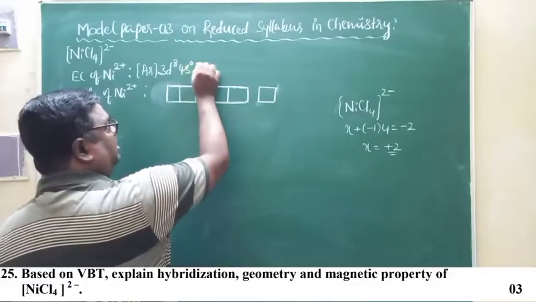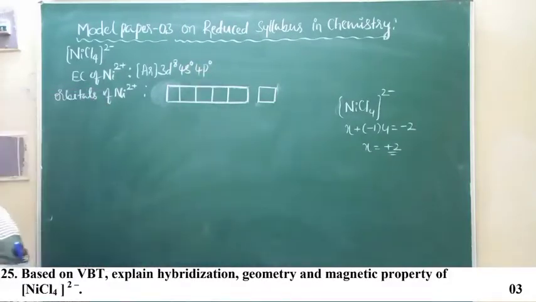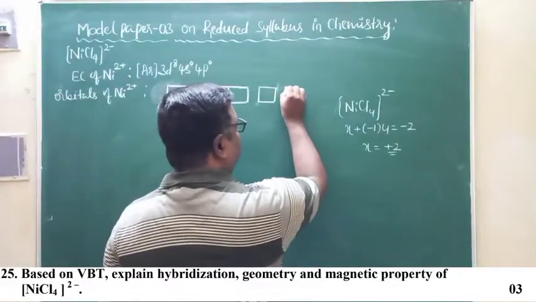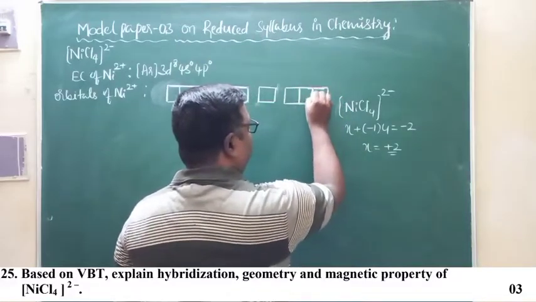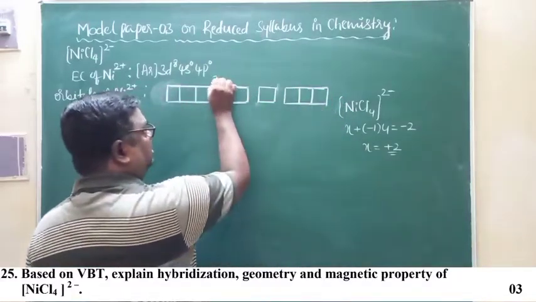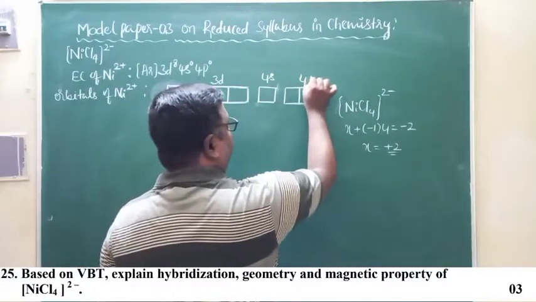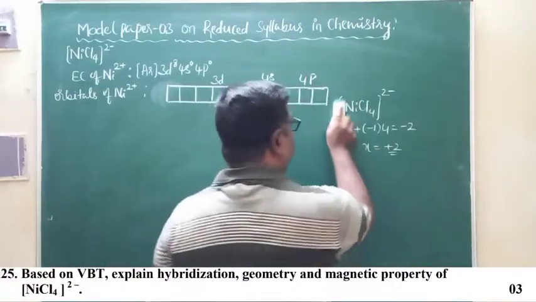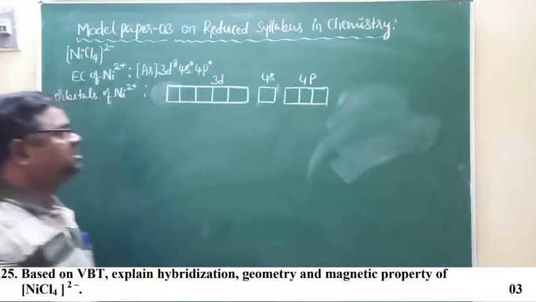In the fourth main shell we have 4p also. Therefore, 4p is also present in the valence shell, and we have 3 orbitals here. This is 3d, this is 4s, and this is the 4p subshell. Now you distribute the electrons among the available orbitals.